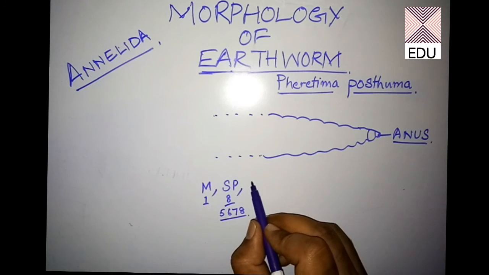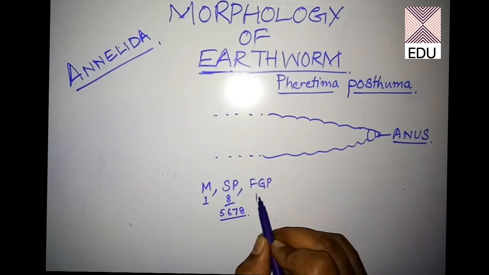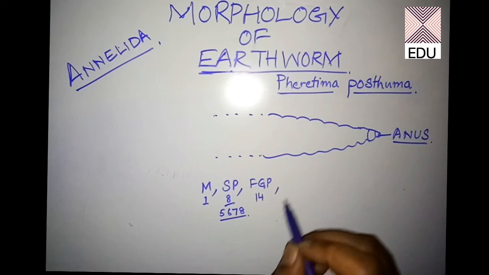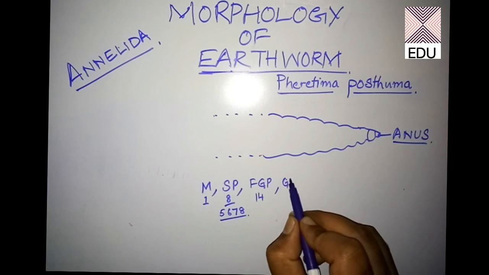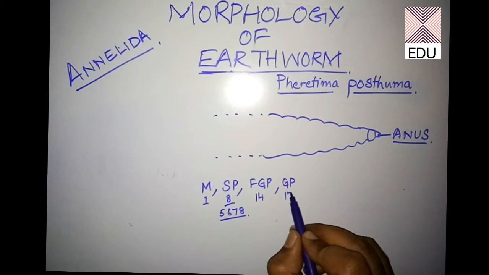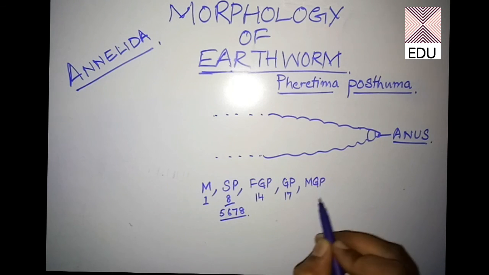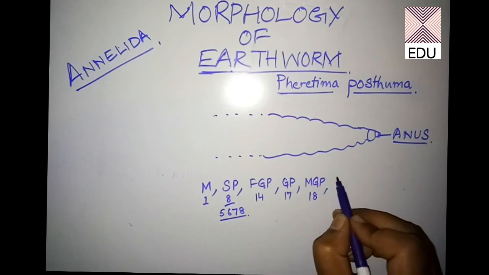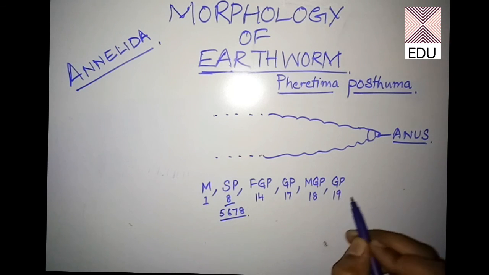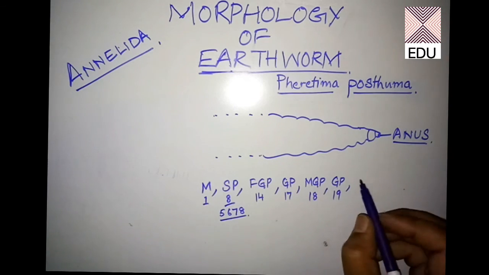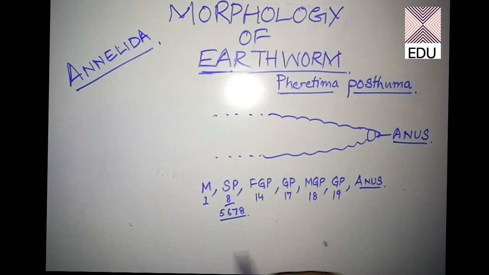Then we have the female genital pore on 14th, genital papillae on 17th, male genital pore on 18th, then again genital papillae on 19th, then the anus.